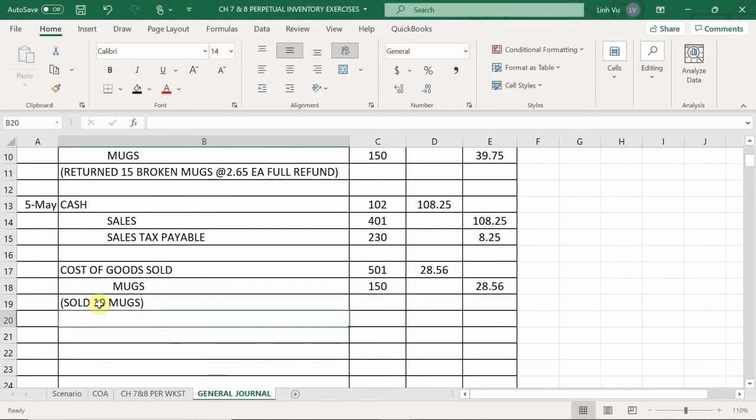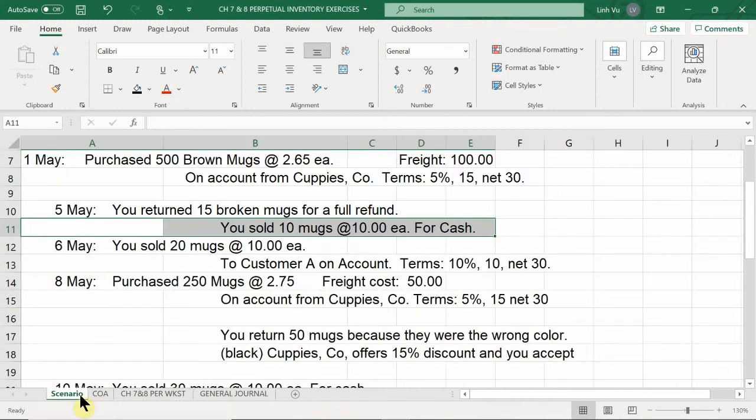Okay. Good. Any questions so far? No. Okay, dive right into this. On May 6th, we sell 20 mugs at $10 each to customer A on account, and we gave them terms 10%, 10, net 30.